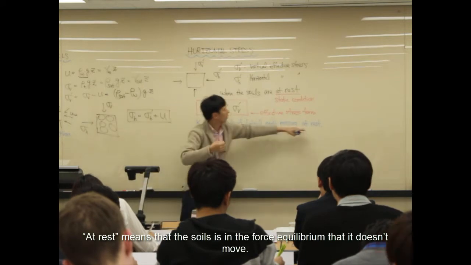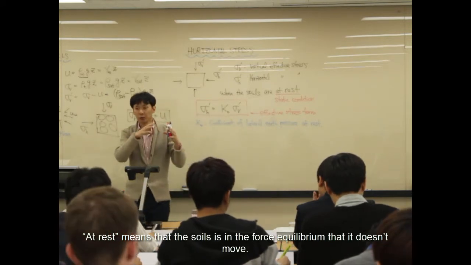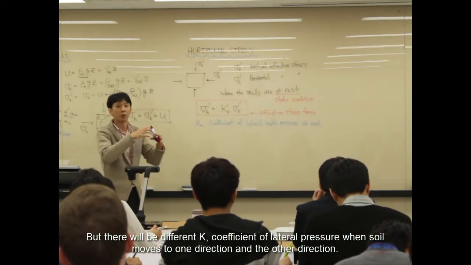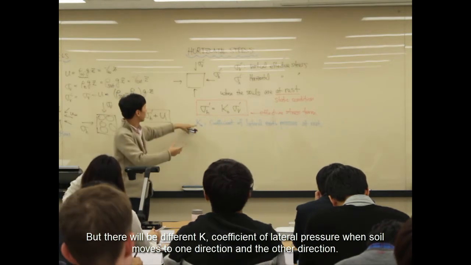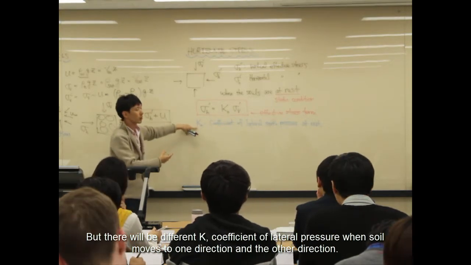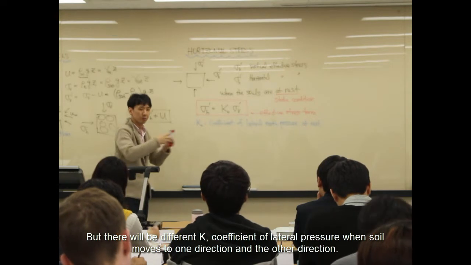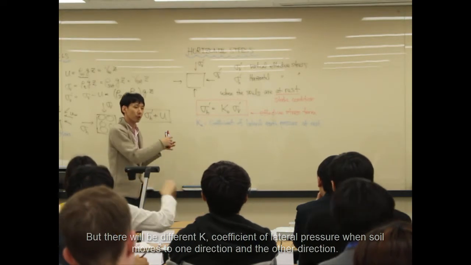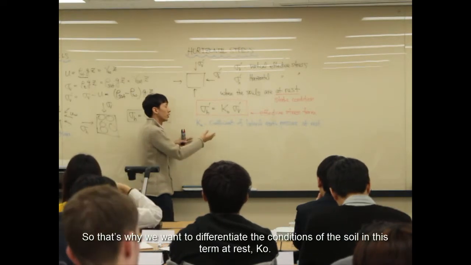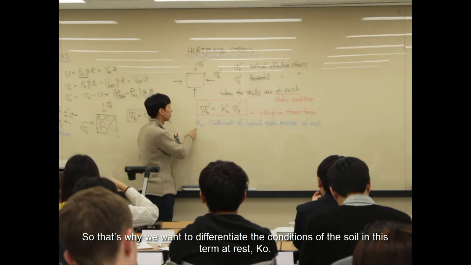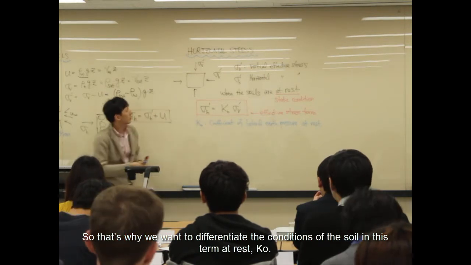At rest means that the soil is in force equilibrium, so it doesn't move. But there will be a different K coefficient of lateral pressure when soil moves in one direction or the other. So that's why we want to differentiate the conditions of the soils in this term, at rest.